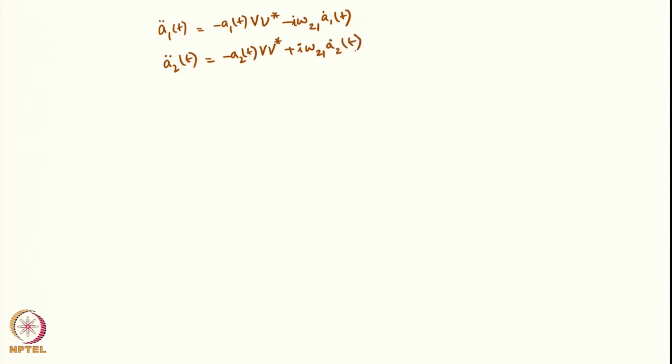Now, by writing this we have done one very simple thing. Equation 1 will only consist of A1 of t, its first derivative and its second derivative, and equation 2 will have only A2 of t, its first derivative and its second derivative with respect to t.